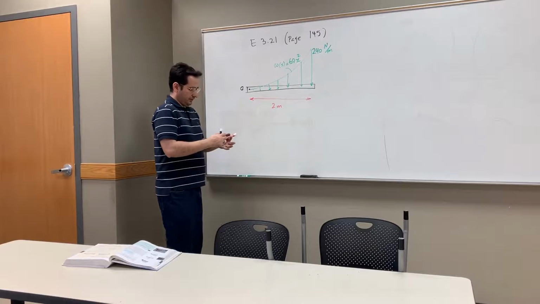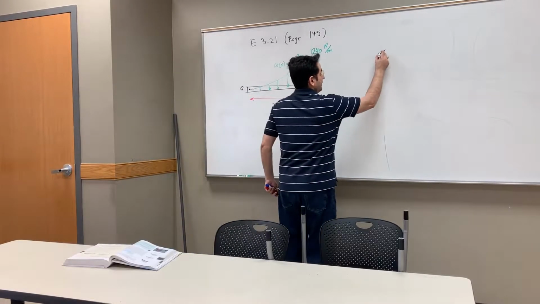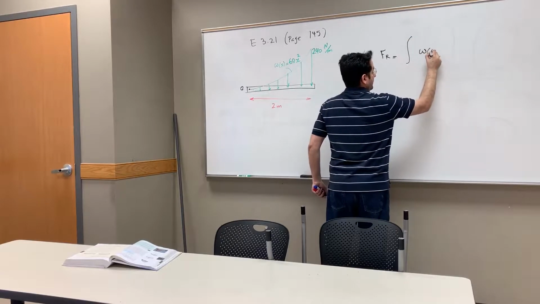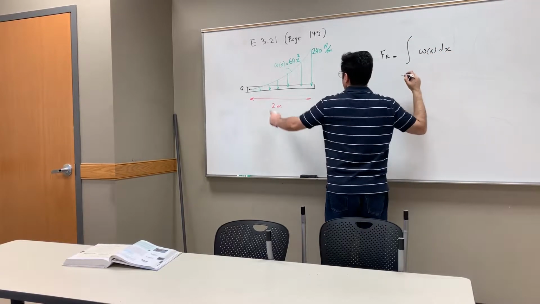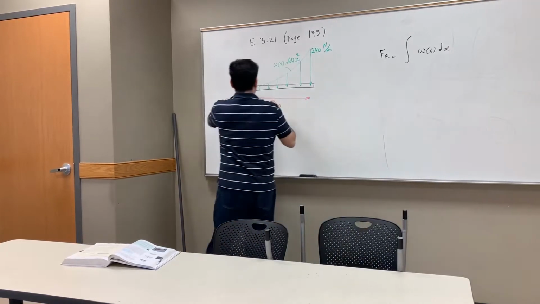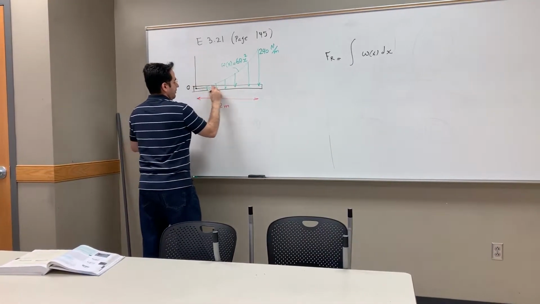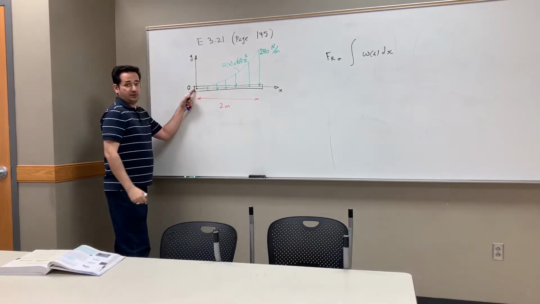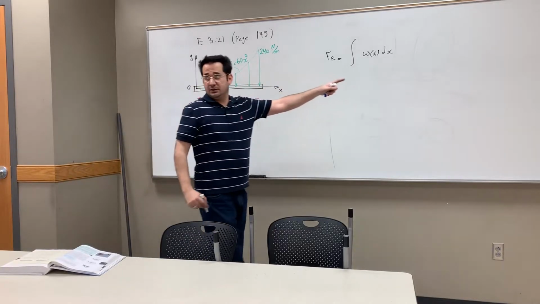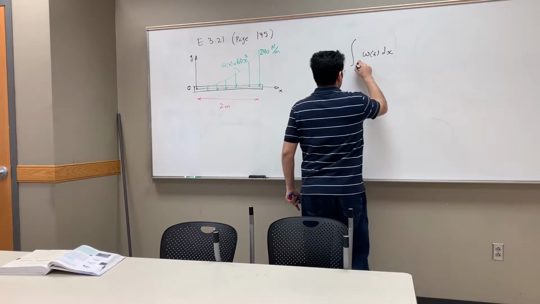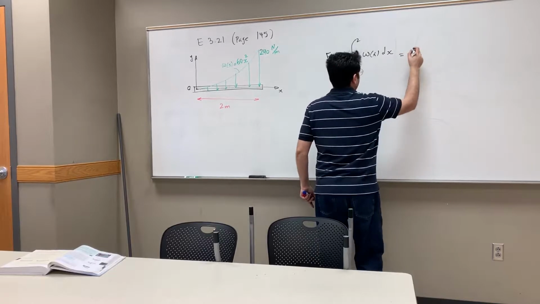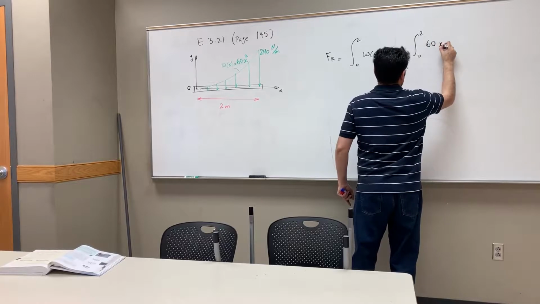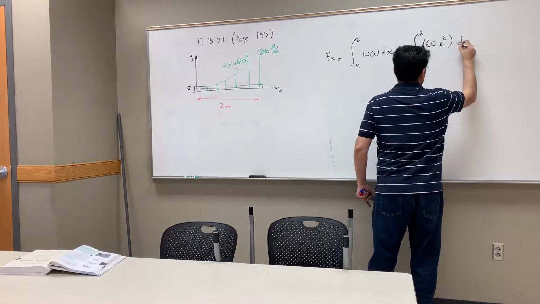So the first step is to find the resultant force. So the resultant force is what? Integral omega x dx. Let's say you put the center here, put your xy here, right? So the integration is from 0 to 2. So let's plug in the value of omega x. 0 to 2, 60 x squared dx.